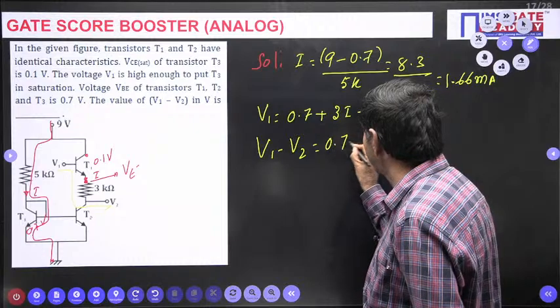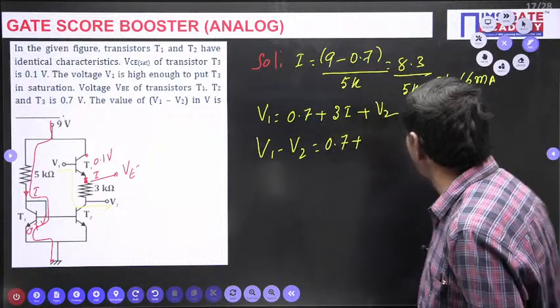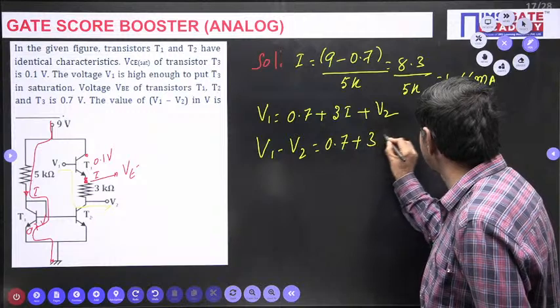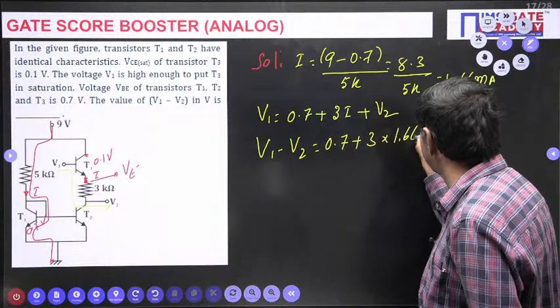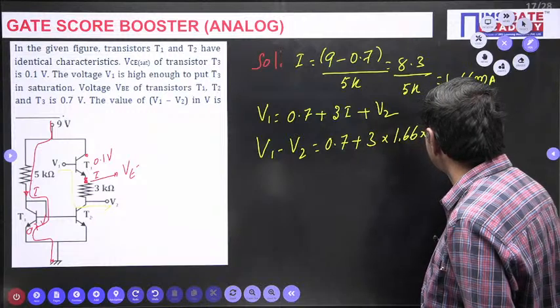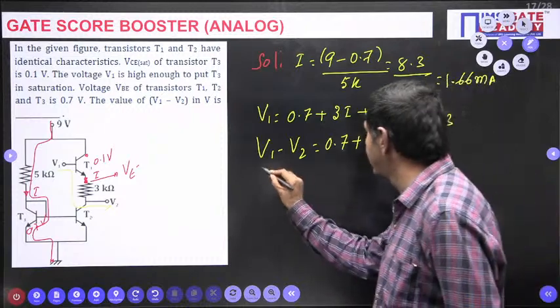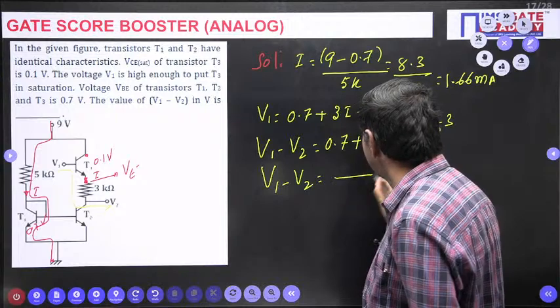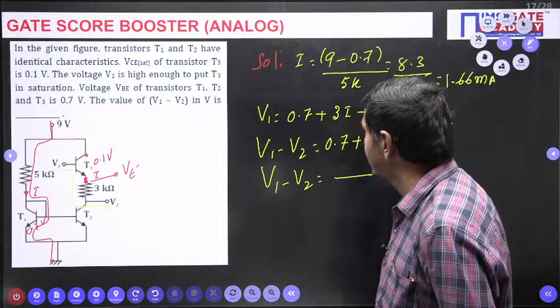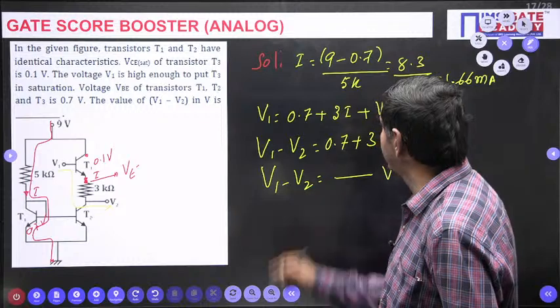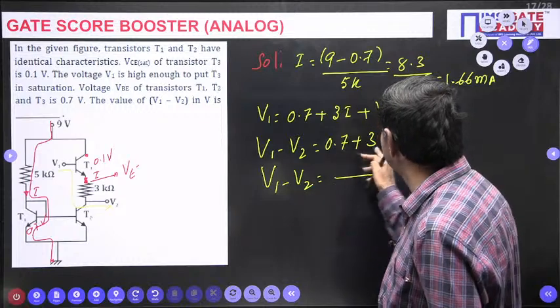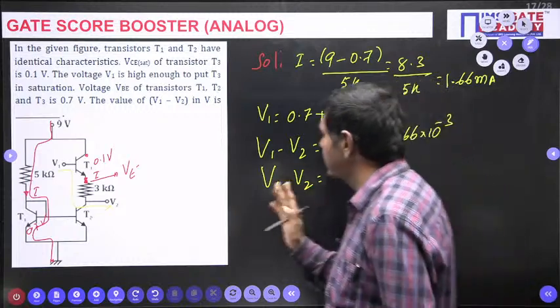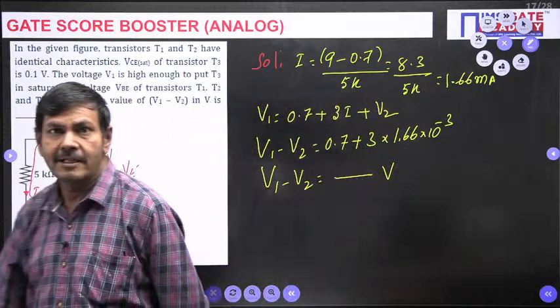So 0.7 plus 3I, where I is 1.66 milliamperes, 3 into 1.66 milli, 10 power minus 1. Then you determine V1 minus V2. What is V1 minus V2? You calculate, it comes in volts. V1 minus V2 is 0.7 plus 3 into something. That way we can calculate.